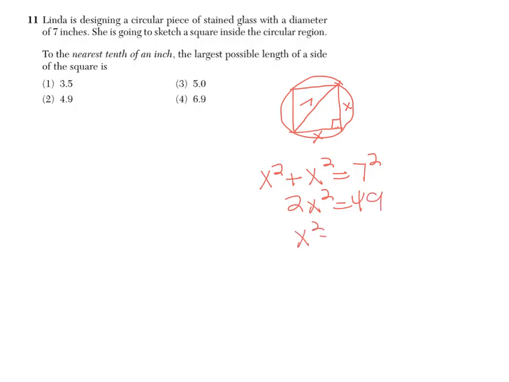So x squared is equal to 49 halves, and then I take the square root of both sides in order to reverse the process of squaring a number, and that should give me x approximately equal to 4.9. And that is choice 2.